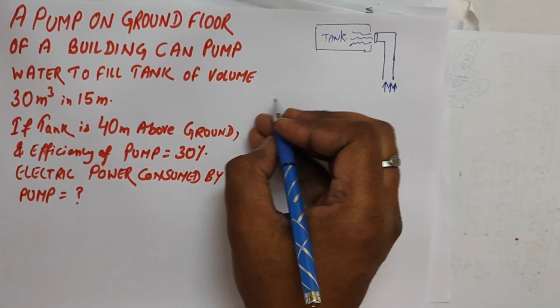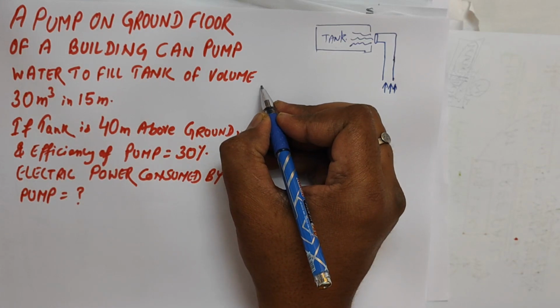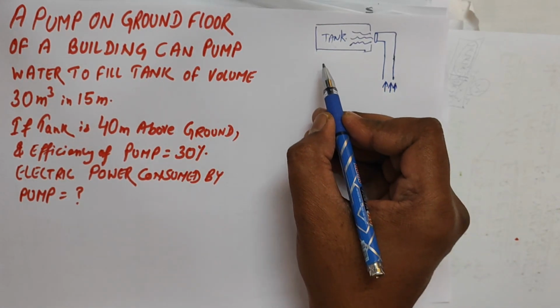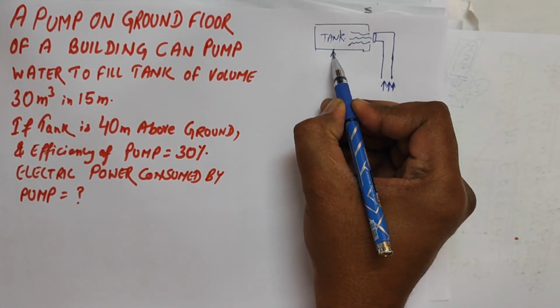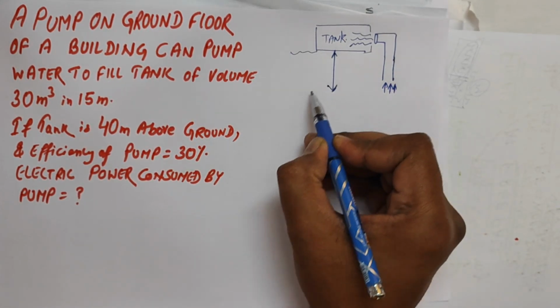So here first you need to understand what is the mass of water, because we will calculate the potential energy, or the energy or the work required to fill this tank.